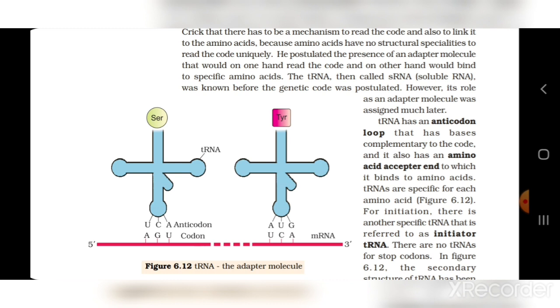The fifth one is a small outgrowth, known as the variable loop. Now, each tRNA is specific for a particular amino acid, and a specific tRNA for initiation is called the initiator tRNA. But there are no tRNAs for any of the stop codons.